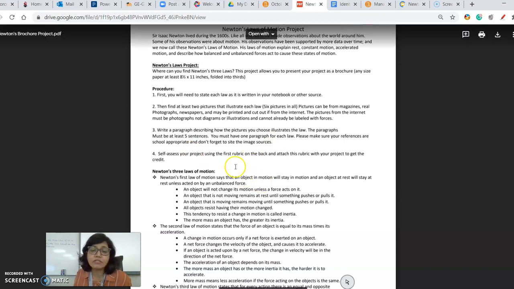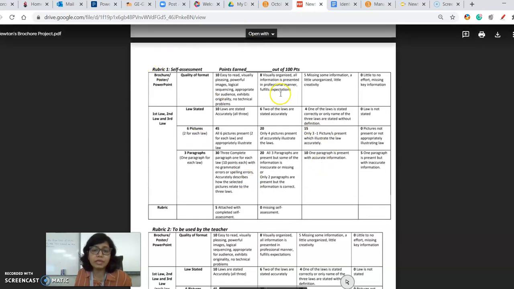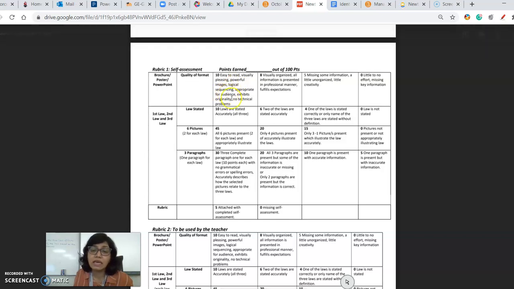And then self-assess your project once finished. Do the self-assessment. The rubric is on the back. You will be turning in the rubric also with your project. So you will just highlight with markers. Let's say, give yourself 10 points if you feel your project is easy to read, visually pleasing, and it has all the things required for the project, logical sequence, appropriate for audience, then 8 or 5 or 0.